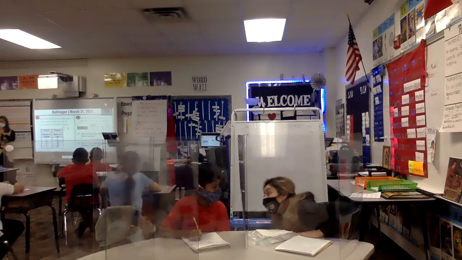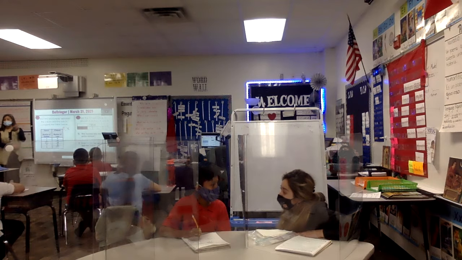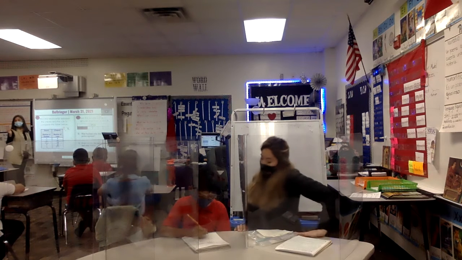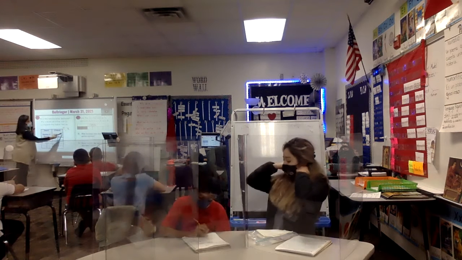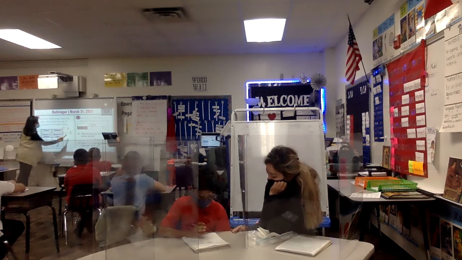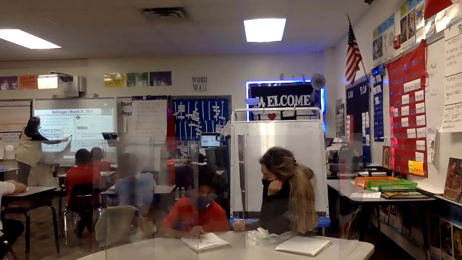Those are my operations. To find out, I write a number sentence with an unknown. So I'm going to say 1 plus what gives me 8, or 1 times what gives me 8.